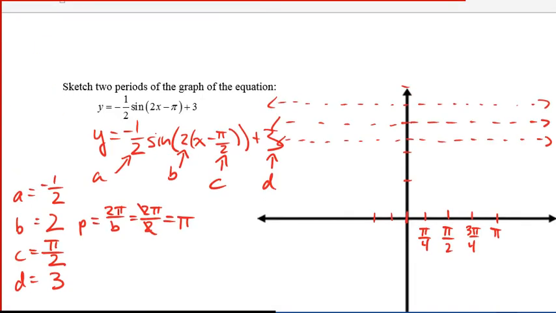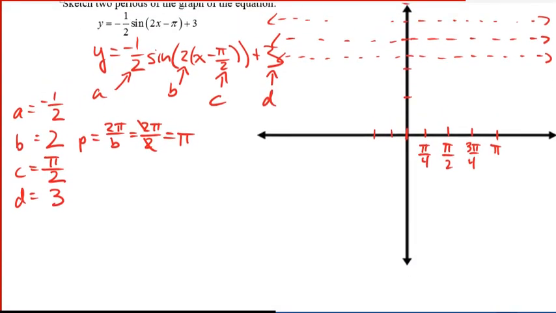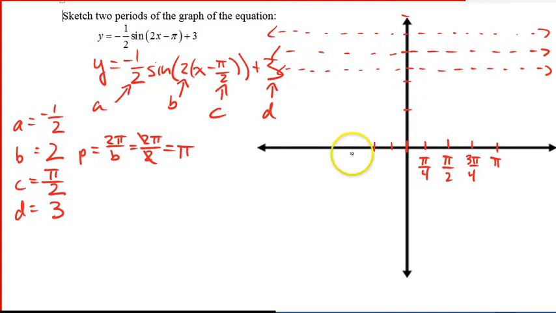Negative pi over 4, negative pi over 2, negative 3 pi over 4, and we'll go ahead and label negative pi right there.